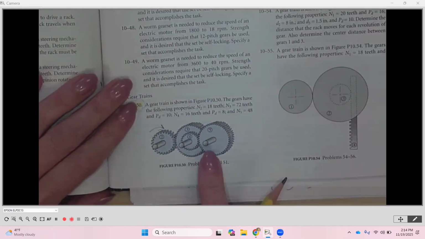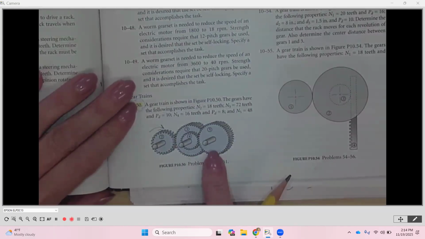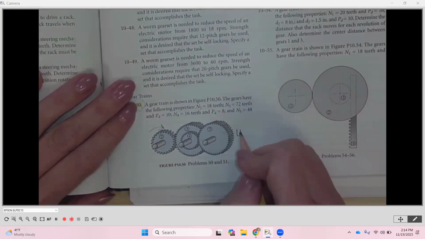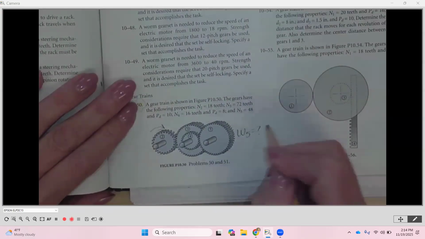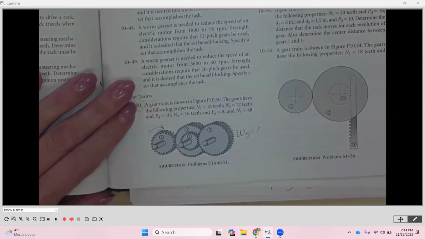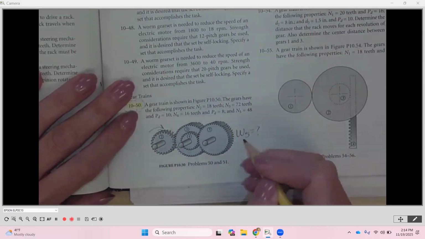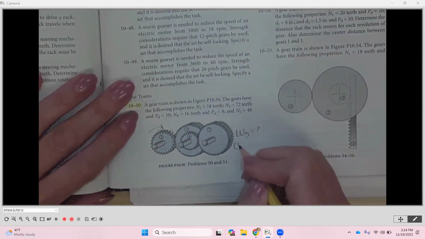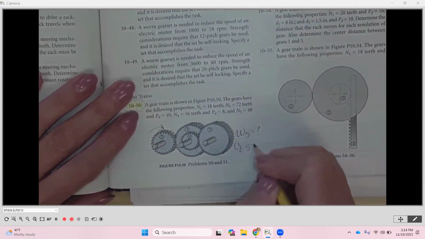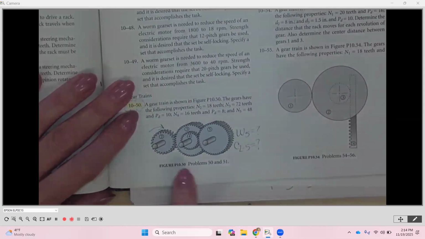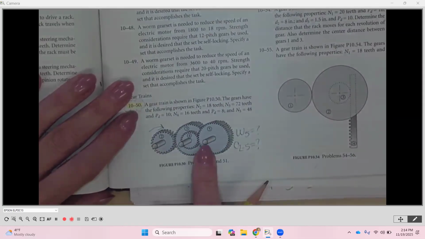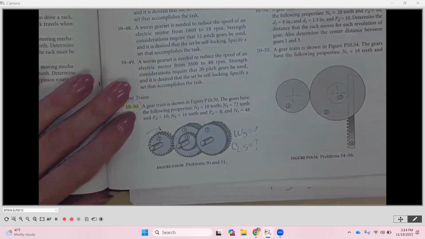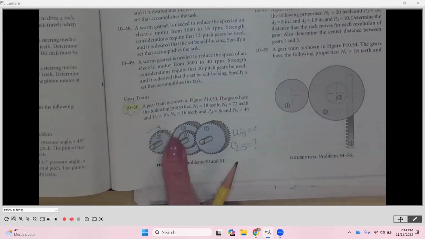You want to find out what is the velocity of that gear, so what is W5? Additionally, they also want to find out what is the center distance from gear 2 to gear 5. So what's the center distance from here to here? All right, so that's number 50.